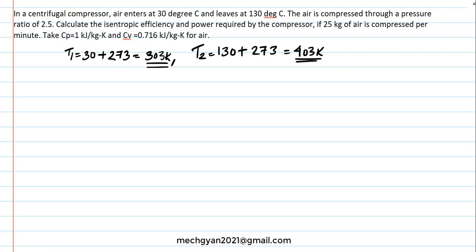We have to find the isentropic efficiency and the power required if m dot is 25 kg of air per minute. So power required in the expression, power equal to m dot Cp delta T, so m dot Cp (T2 minus T1).